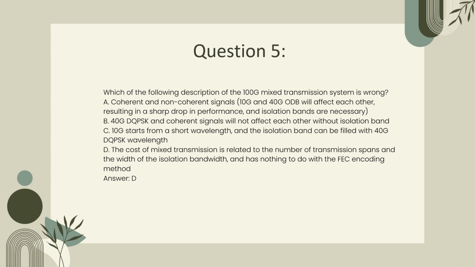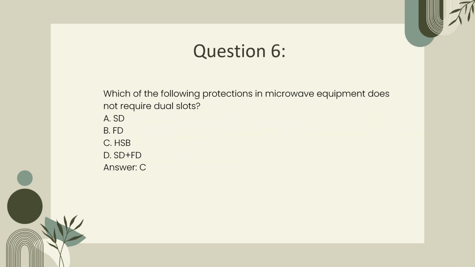C. 10G starts from a short wavelength, and the isolation band can be filled with 40G DQPSK wavelength. D. The cost of mixed transmission is related to the number of transmission spans and the width of the isolation bandwidth, and has nothing to do with the FEC encoding method. Answer: D. 6. Which of the following protections in microwave equipment does not require dual slots?